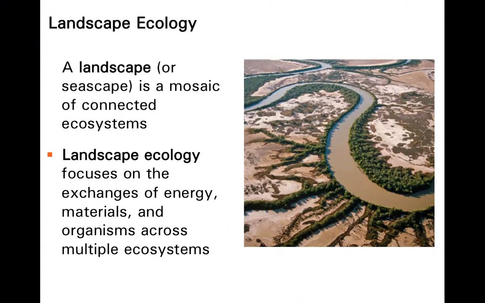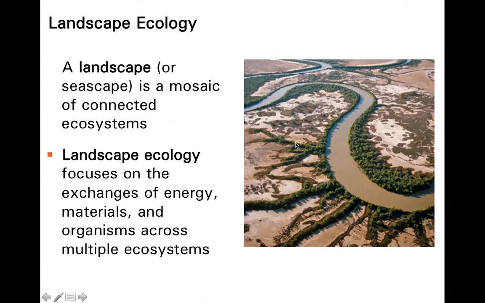Landscape ecology looks at interconnected ecosystems. So we look at the exchange of energy, materials, and organisms across multiple ecosystems. So for example, here we've got a river that's flowing through the landscape. And you can see that along the edges of the river, there's a bit more vegetation, but as you get further away from the channel of the river, the vegetation changes.